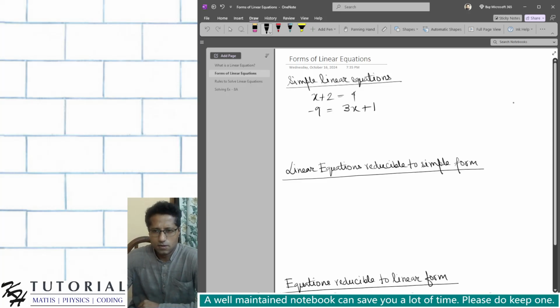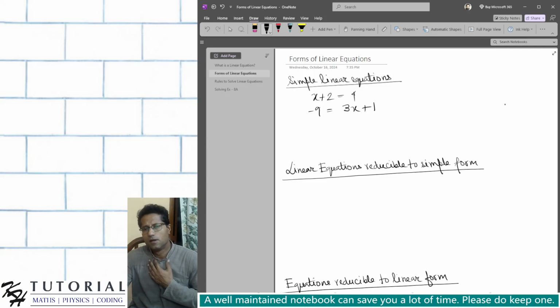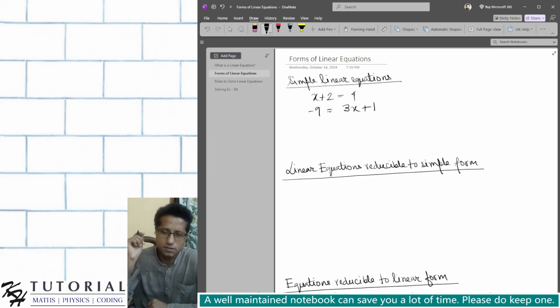So this is also a simple linear equation where the variable is on the right hand side. That is, the RHS is a linear polynomial in one variable and the LHS is a constant. So in the first case, the variable was in the LHS. In the second example, the variable is in the RHS, and the variable could be on both sides.